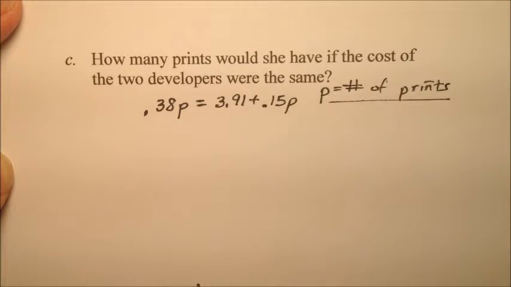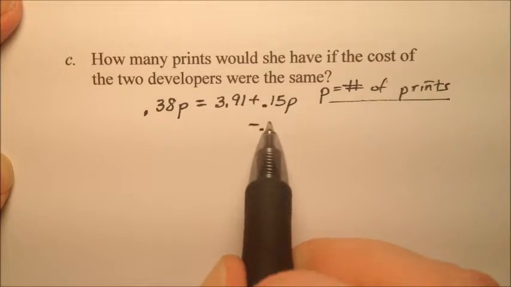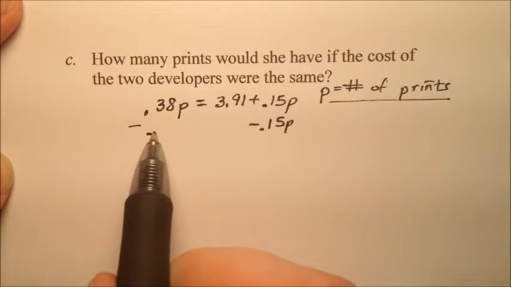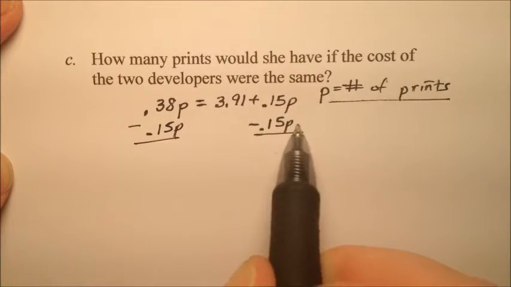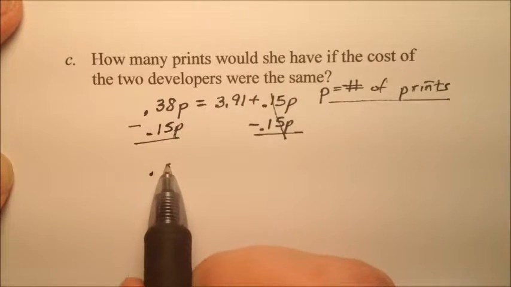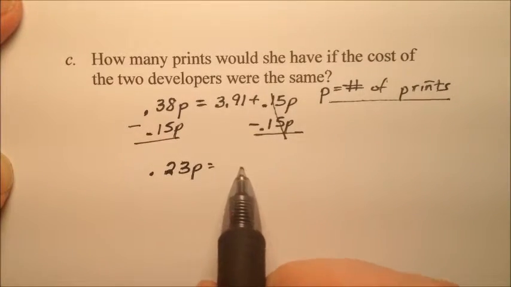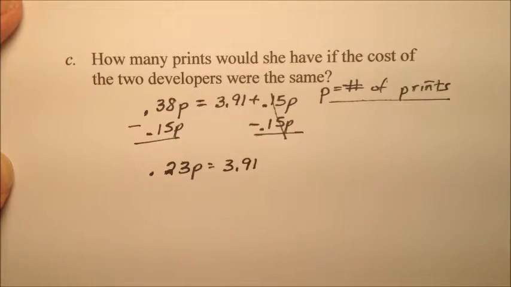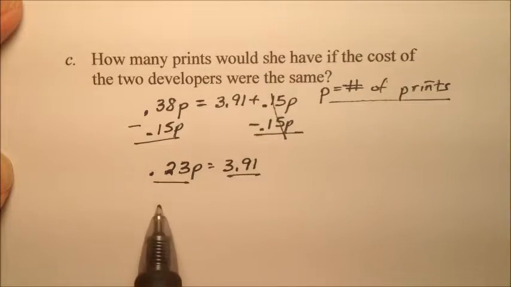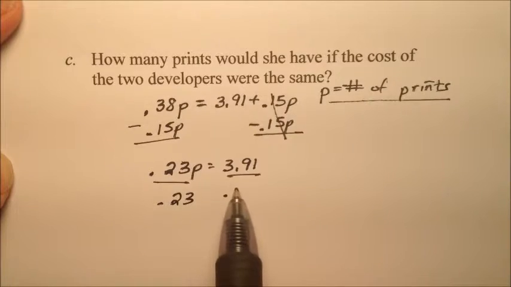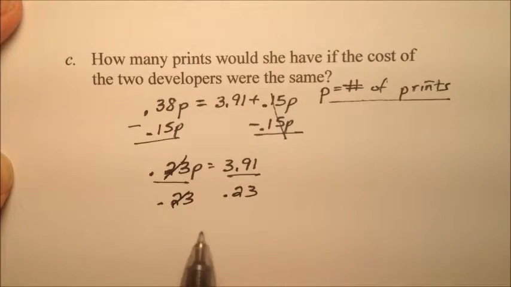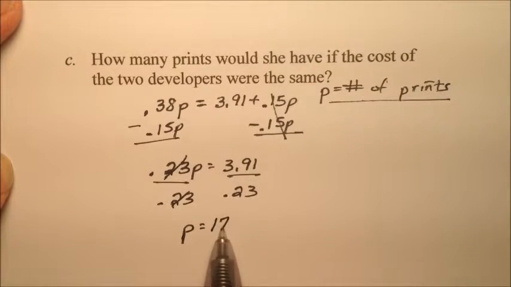So now we've got a nice two-step equation. I'm going to subtract 0.15p from both sides in order to get those p's together. So we have 0.23p equals 3.91. And then when we divide both sides by 0.23, we're going to get p equals 17.